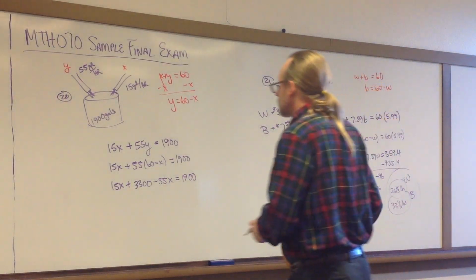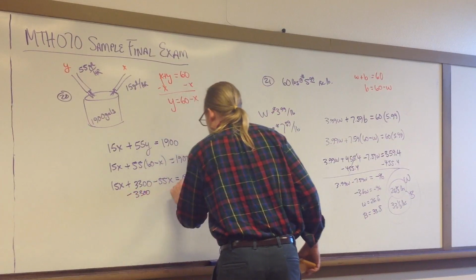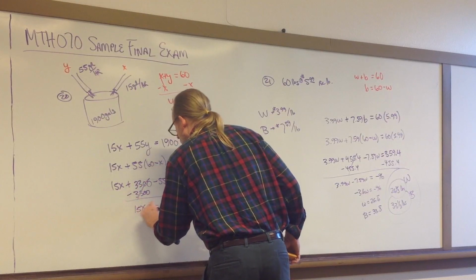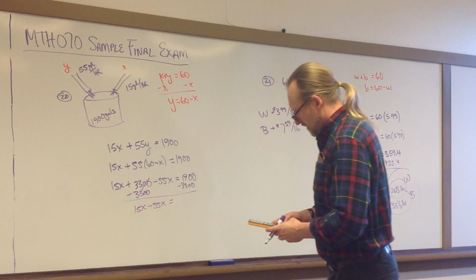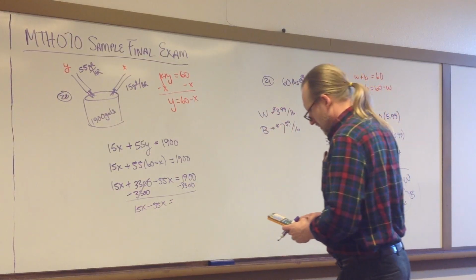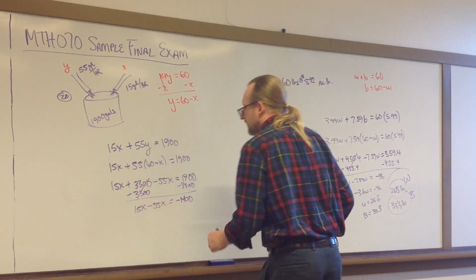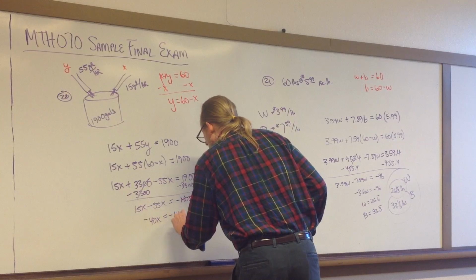55 times 60 is 3,300. Subtract the 3,300 to the other side. So that should be negative 1,400. And over here, 15 minus 55, that should be negative 40.